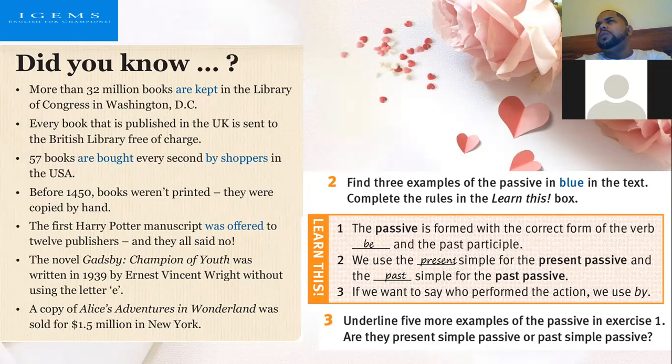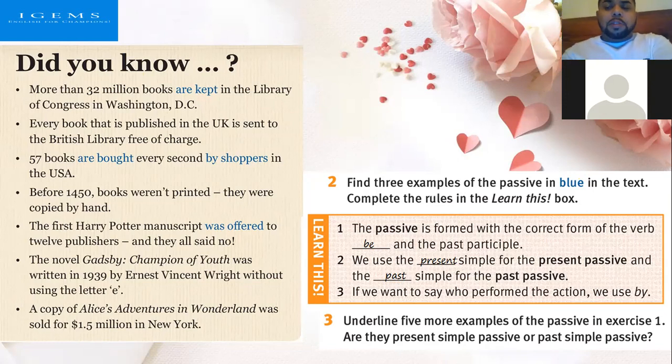Third one is Champion of Youth was written in 1939 by Ernest Vincent Wright. This is the third example. And was written is example 2. Repeat this one more time, I could not get what you told me.